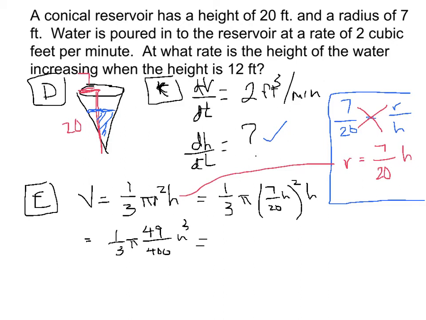Well, let me keep going. 1/3 pi multiplied by 49 over 400 would be the same as 49 over 1200 pi h cubed. There's my volume. Now it's not a pretty equation, but it works. Now let me keep working on the next slide where I get a little bit more room.